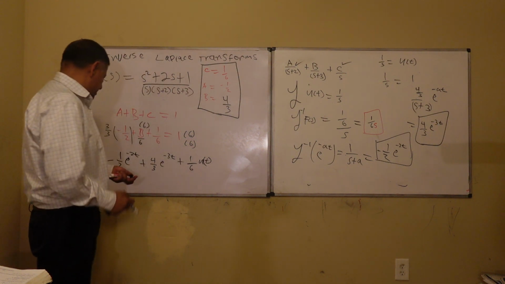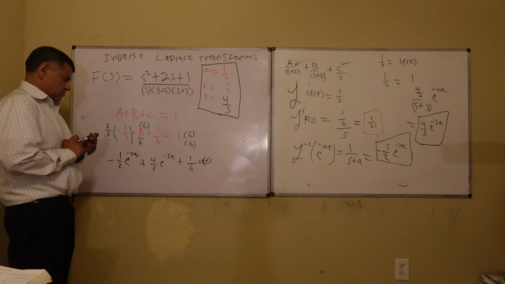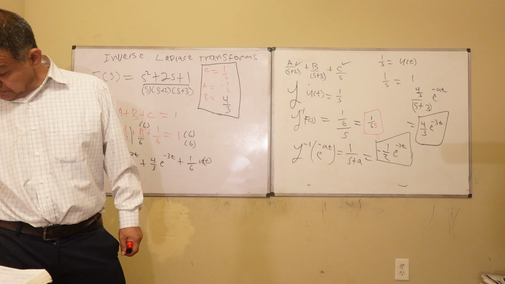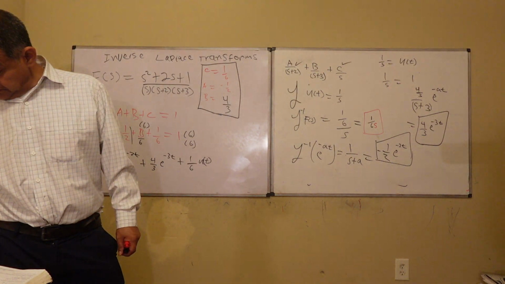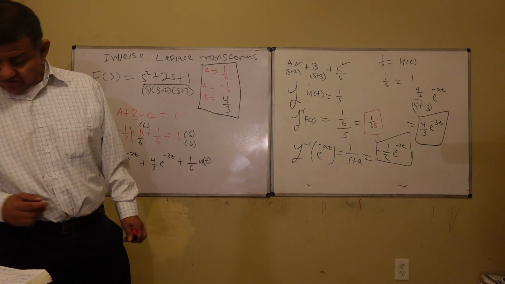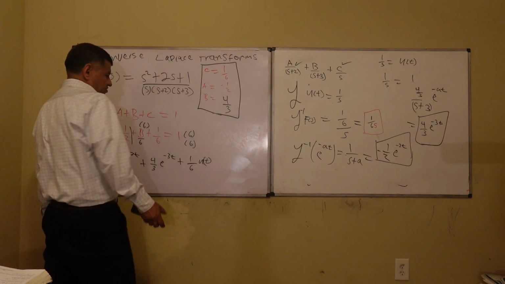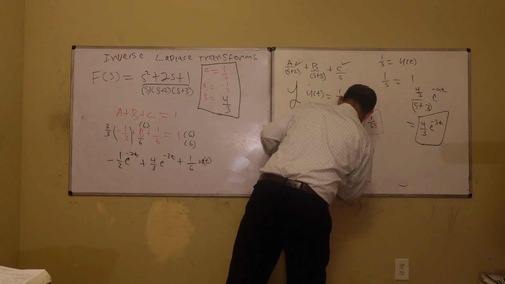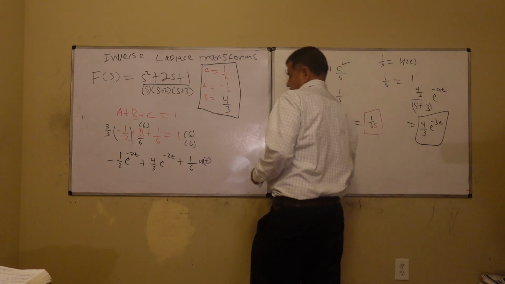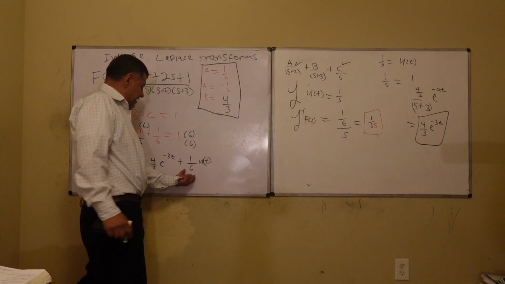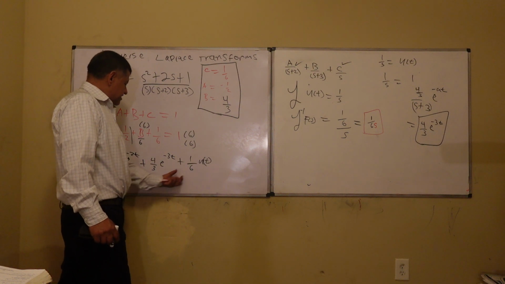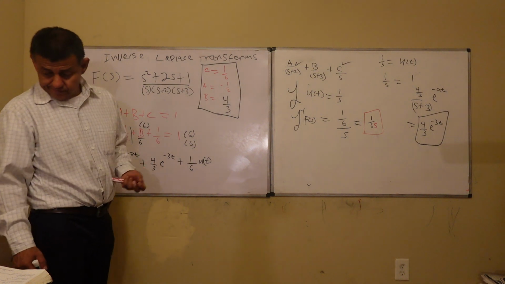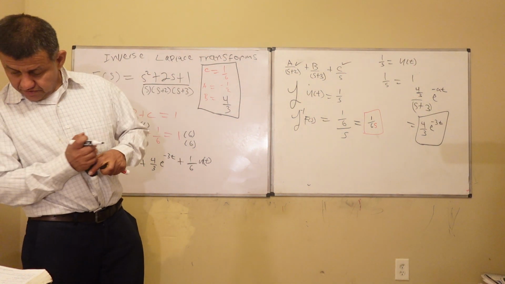Now you can factor the stuff out over here if you want to, but will that really help? Or you can write this in reverse order. It doesn't matter. Technically, what they try to do is put this in order: this is a unit step function, and then the rest. So you can write it like this too.